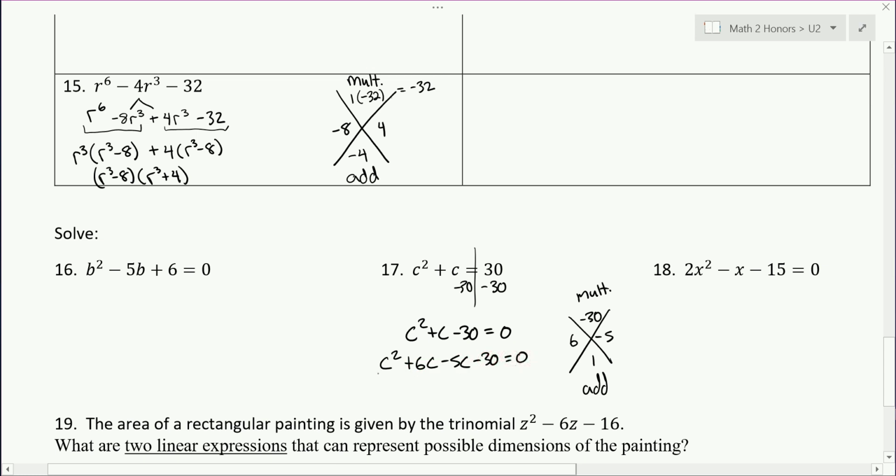And then we continue what we've learned. So we factor by grouping. All right, so now it's factored. I wish I had a little more space, but now that it's factored, what do we do?